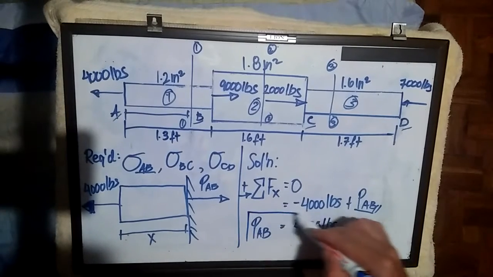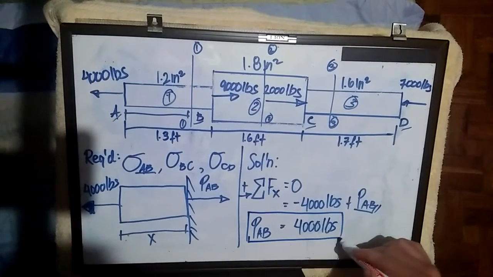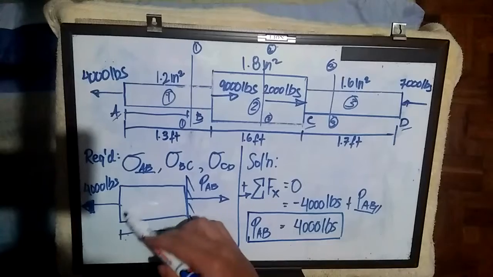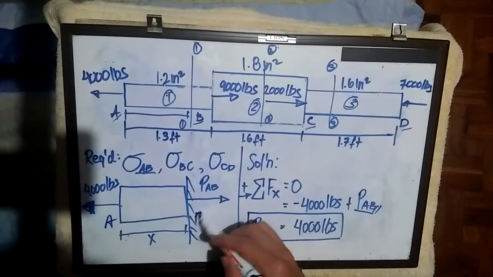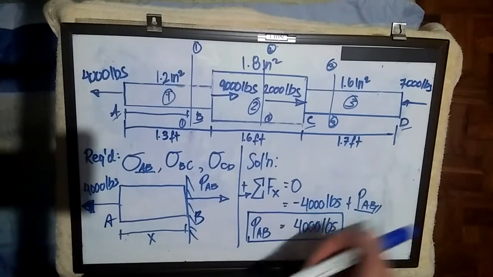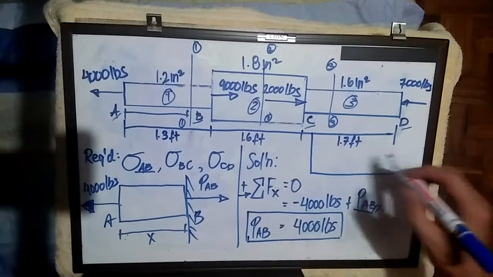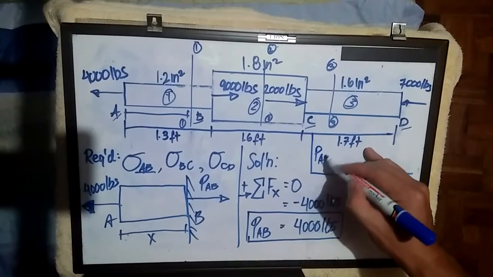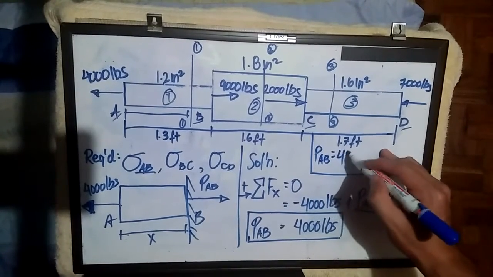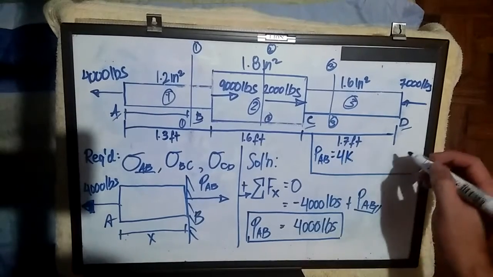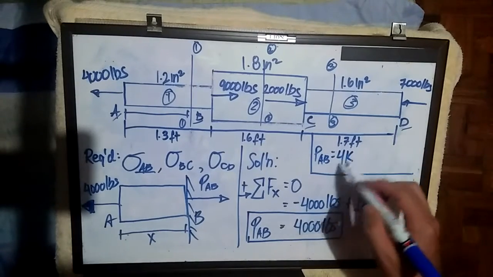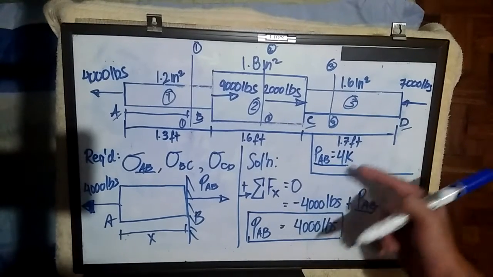So, ito po yung internal force na na-generate doon sa loob ng segment A, B. Yan. So, nasolve na po natin yan. So, ilagay natin siya dito. Ganyan. P sub AB is 4K. Sabihin natin 4K pounds. Alam naman po natin yung unit niya is in pounds, kaya i-leave it as 4K na lang.